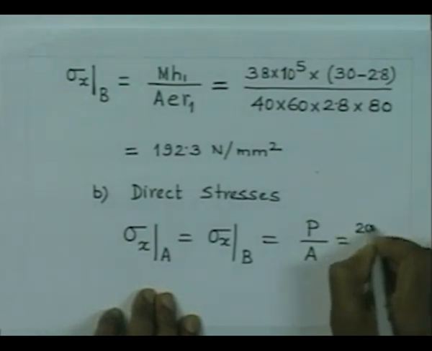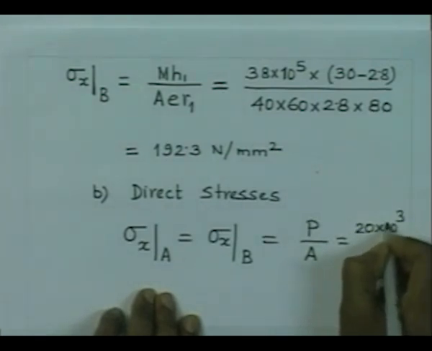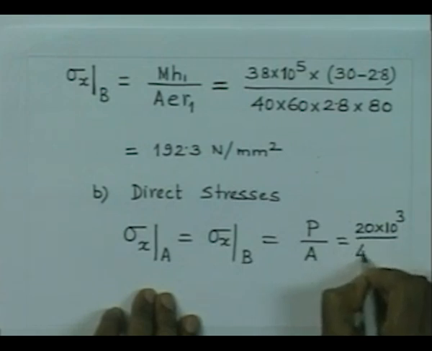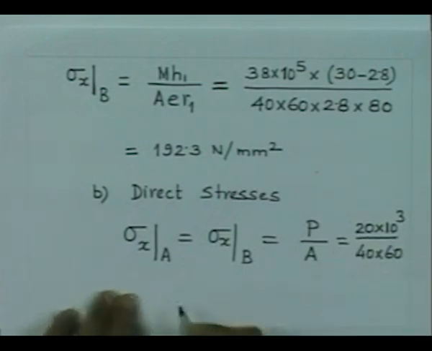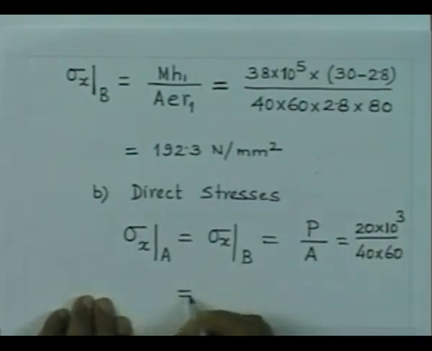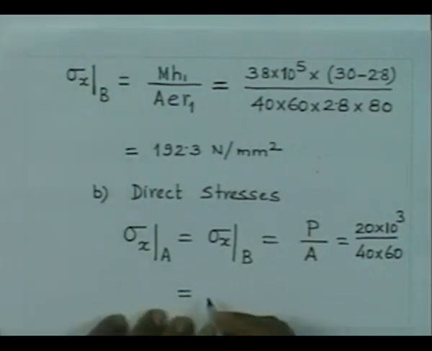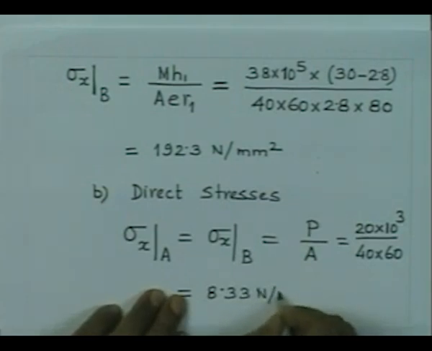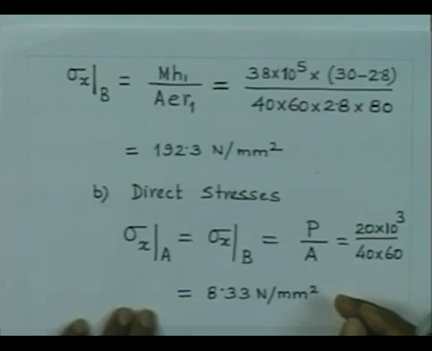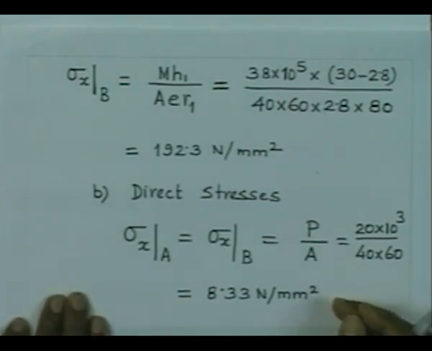This is 20 into 10 to the power 3 Newton divided by 40 into 60, which equals 8.33 Newton per millimeter square, and this is a tensile stress. So, note that the stress at A due to bending moment is compressive, at B it is tensile, and due to the direct force P it is tensile everywhere. So, now we can get the total stresses.